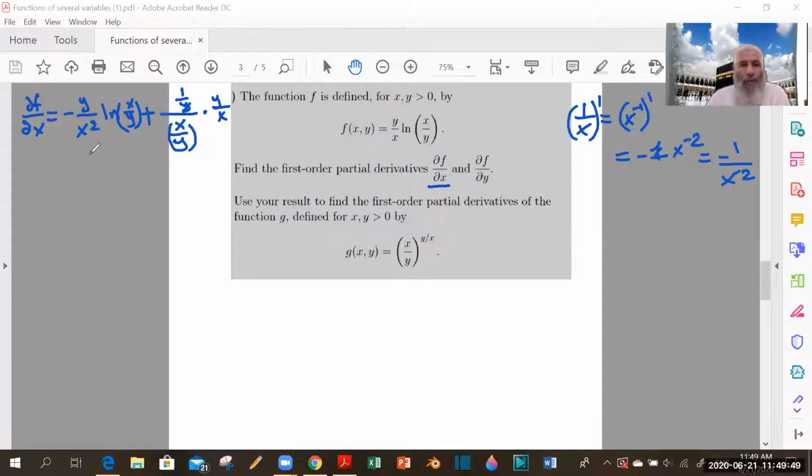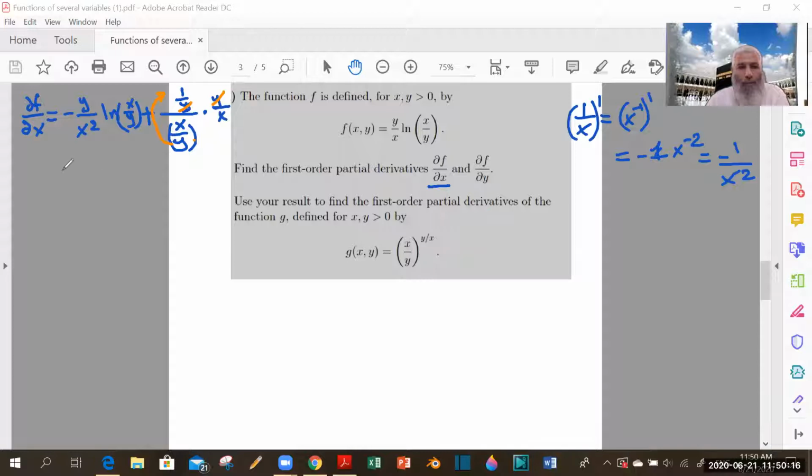Now we need to do some simplifying. This y, we can cancel it with this y, and this x and this x in the denominator, and this y can come in the numerator. These x's make x squared.